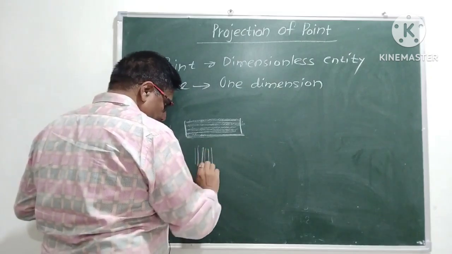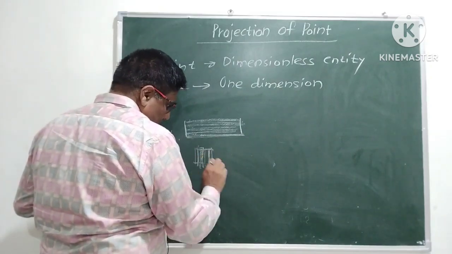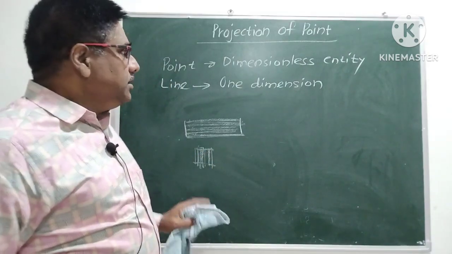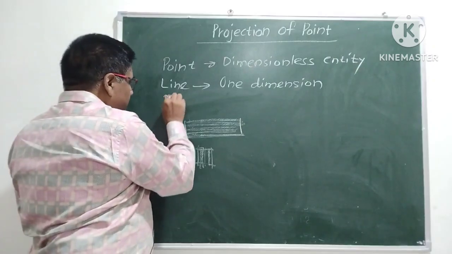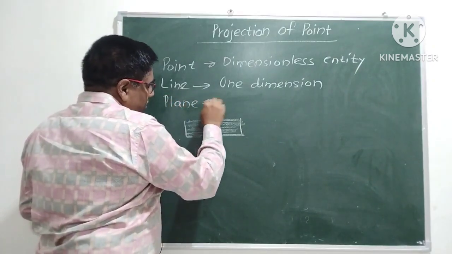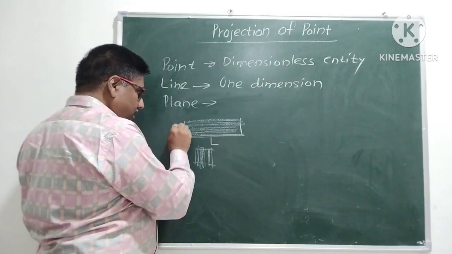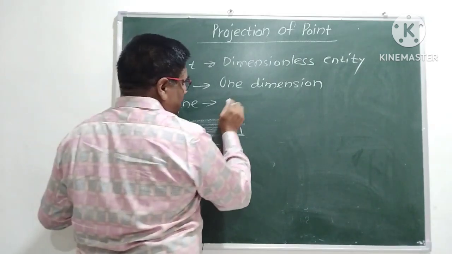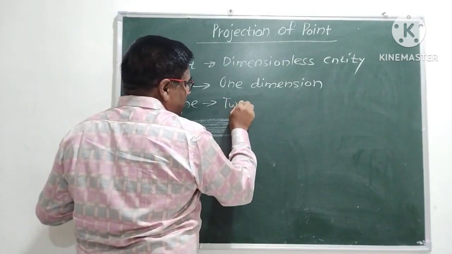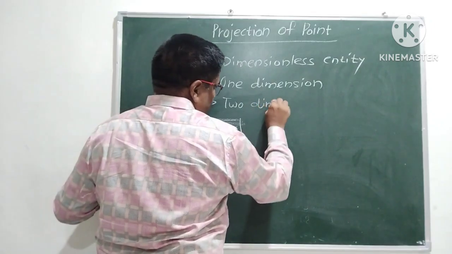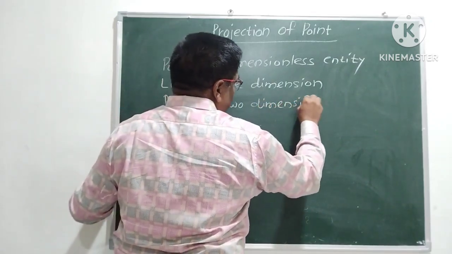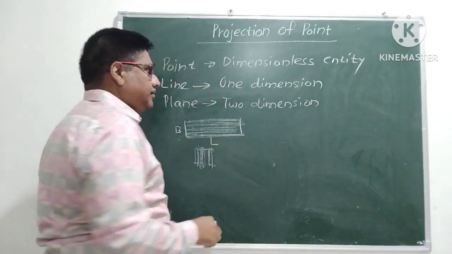In this way, we will have a plane. Then a plane is a two-dimensional entity. It will have length and breadth.